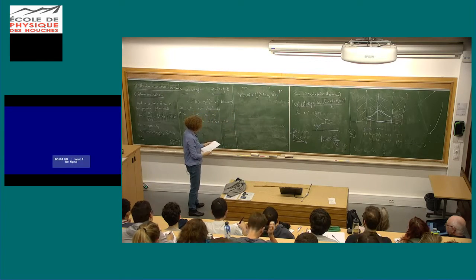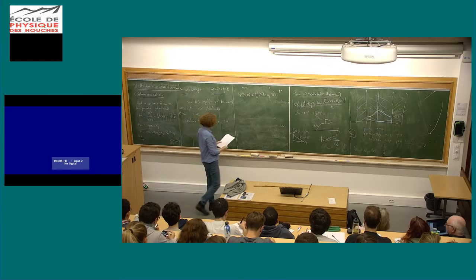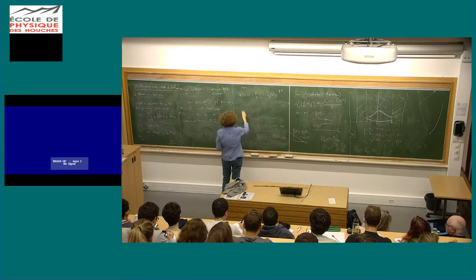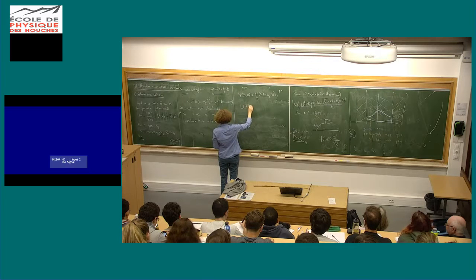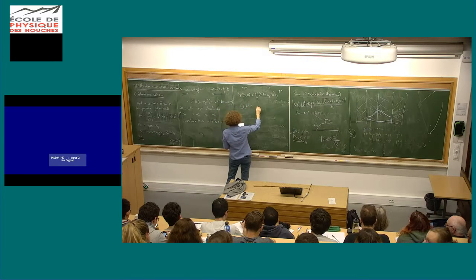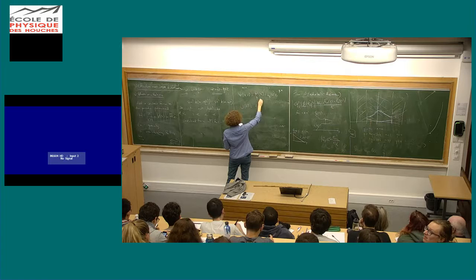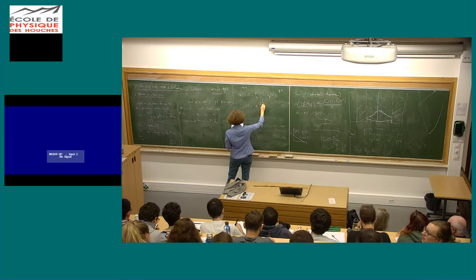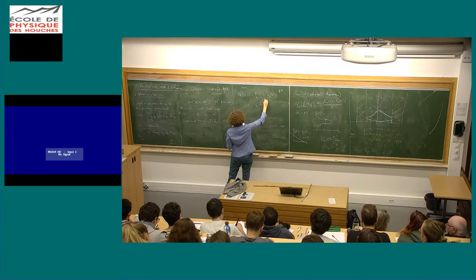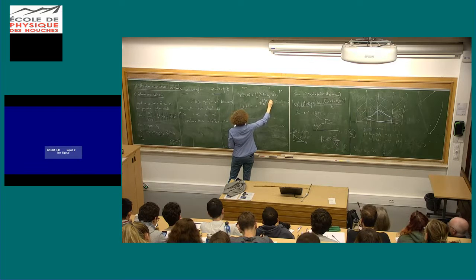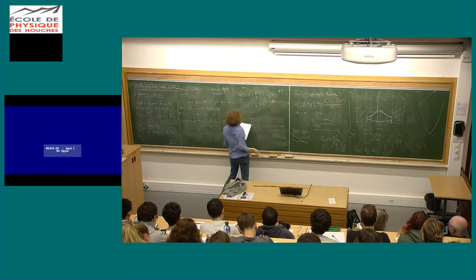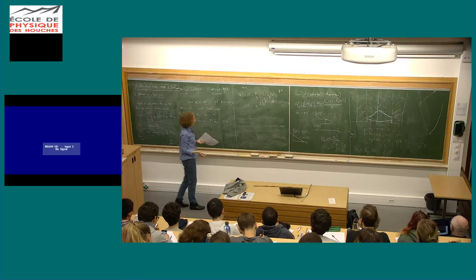And so what we can do is to make a transform of the Hamiltonian using a unitary transform, which is e to the i over h bar integral over time of F prime. So if the force is constant, it's just F times t.